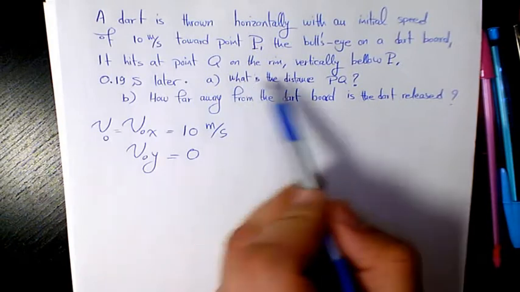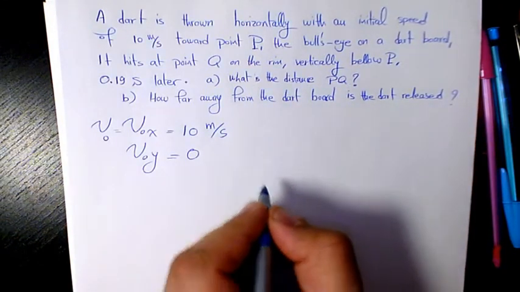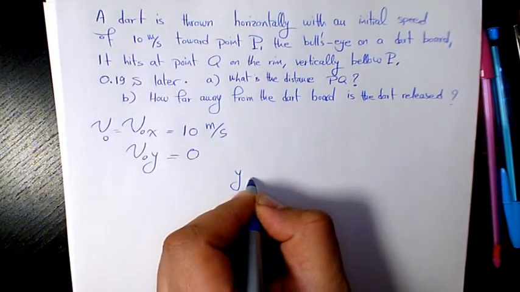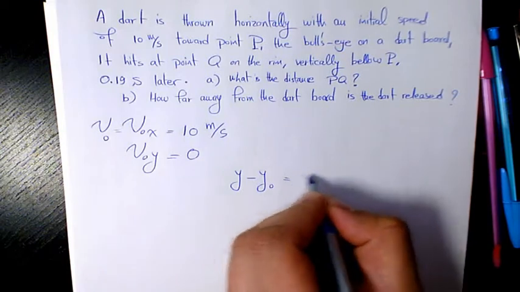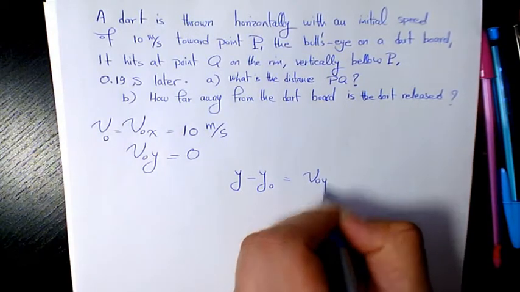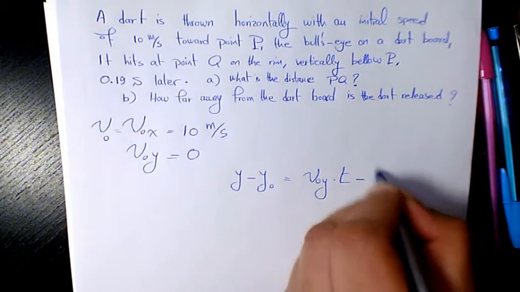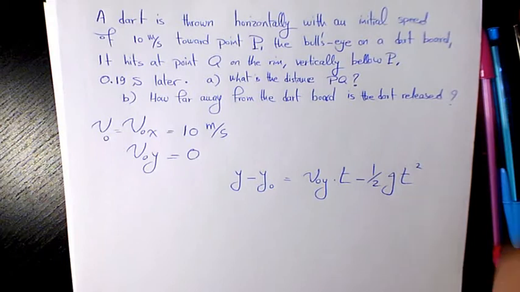So how do we find the distance between P and Q? We can say y minus y0 equals v0y times t minus 1/2 gt squared.